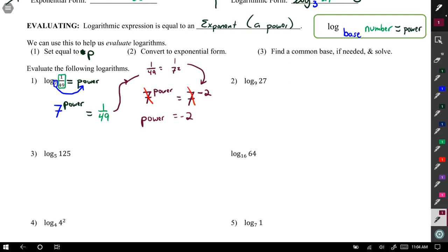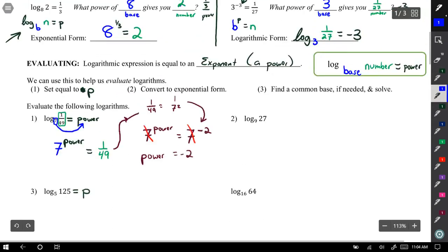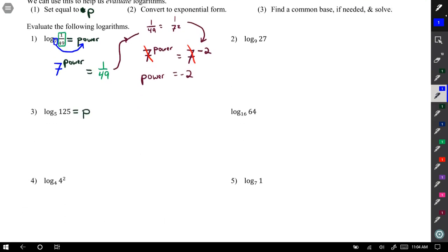So I'm going to go down to this next one because these kind of relate to each other. I'm not going to write power every time, I'm going to use P, like I did for the first problem. I want to evaluate the log, so I want to find out what is that power. Again, same color coding as shown up here. I'm going to make my base blue. This is my base.